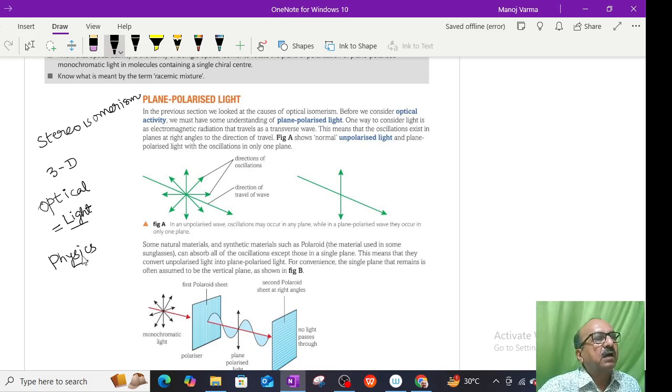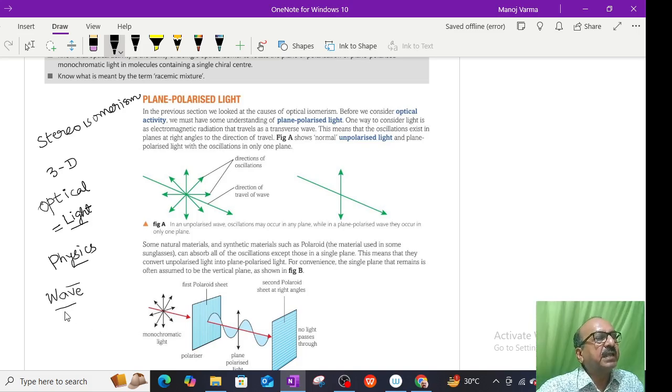Now, because it has to do with light and physics, we don't have to go into too much depth on the nature of light, which we do in physics, but we have to know some very basic ideas: that light is a wave phenomenon. Actually, it is also a particle phenomenon, but here we have to deal with the wave nature of light.